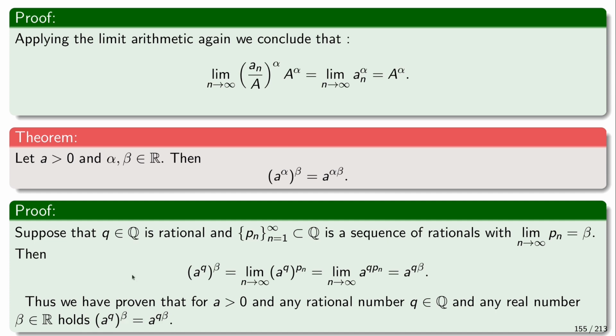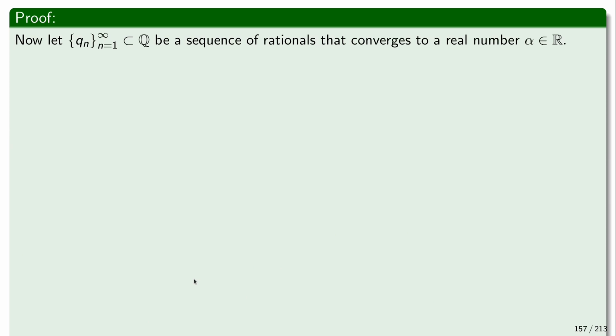So it's just this mixed property for a real exponent and a rational exponent. And now we're going to choose a sequence of rational numbers q_n that converges to alpha. This step is kind of clear because we want to take another limiting process and replace the sequence q_n by alpha, which is the limit of q_n.